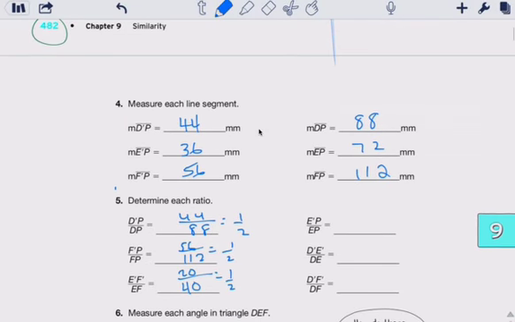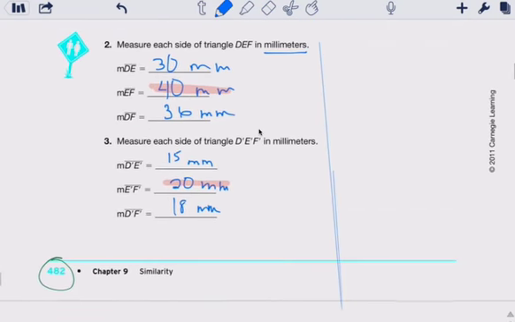Anyways, E prime P. Oh gosh, I missed it right here. 36 to 72. D prime to E prime is 15.